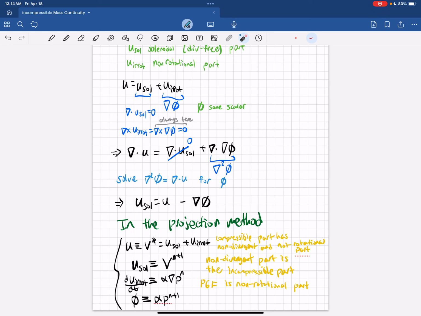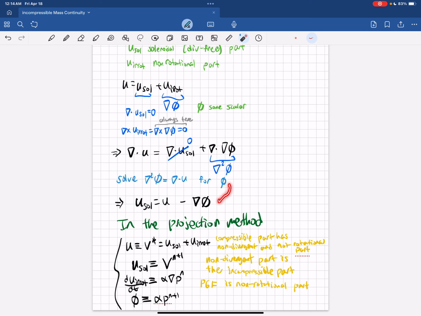So if we then take the divergence of this equation, then this part will be 0, like we just said. And this part is defined as the Laplacian, right? So if we can solve the Laplacian of phi equal to the divergence of u for phi, the scalar, then we know the scalar, and we can go back to this equation and plug it in, and you end up getting this.